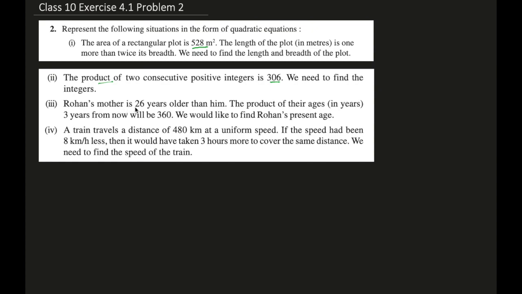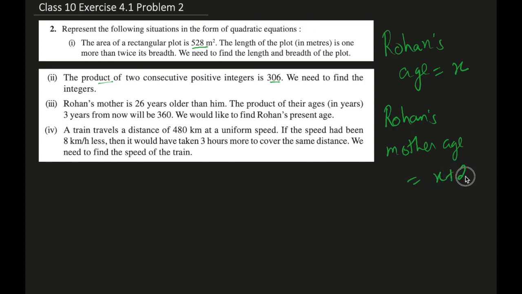First is Rohan's mother is 26 years older than him. So let Rohan's age equal x. Rohan's mother's age will be x plus 26. This we get from the first statement.